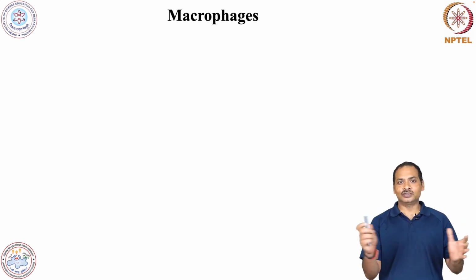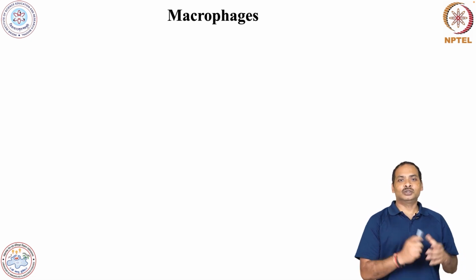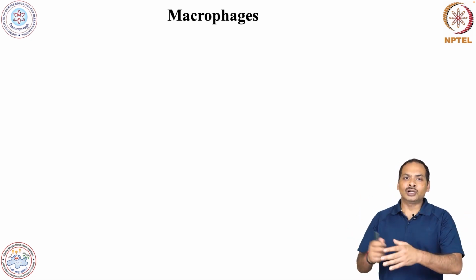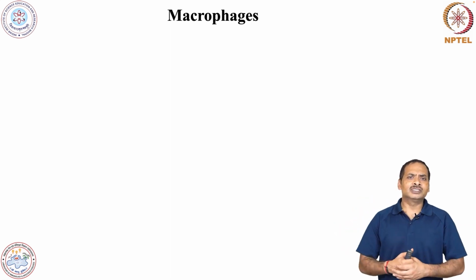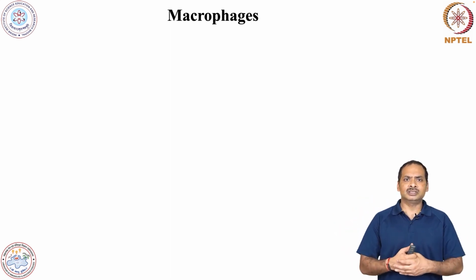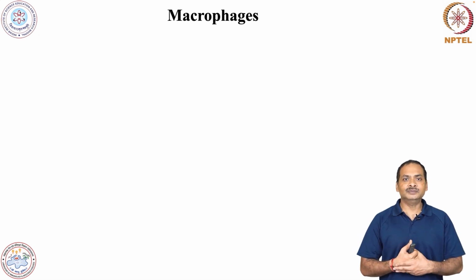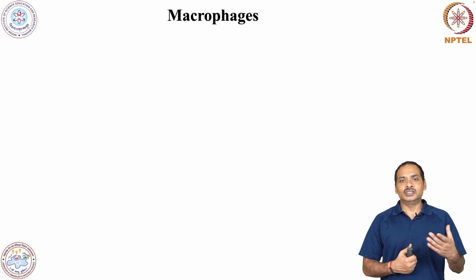There are two schools of thought, which I discussed in the history of immunology: one is cellularist and the other is humoral, those who believed there is some soluble component in the blood which takes up the antigen, clears the antigen, or protects us from infection. So this macrophage was discovered quite early.